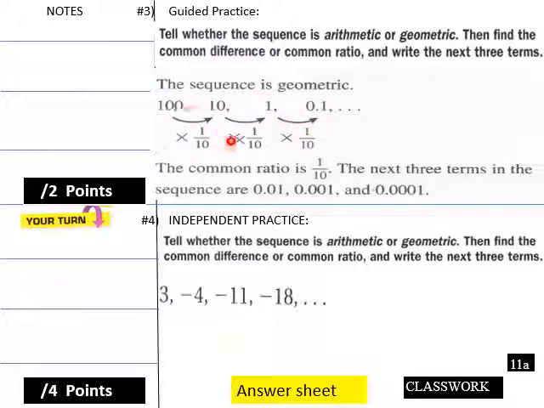So we're dividing by 10 for each one of these terms in the sequence. Common ratio is 1 over 10. The next three terms in the sequence would be 0.01, 0.001, and 0.0001. So that would be the direction that sequence is going. Down here, students, that's you, okay?